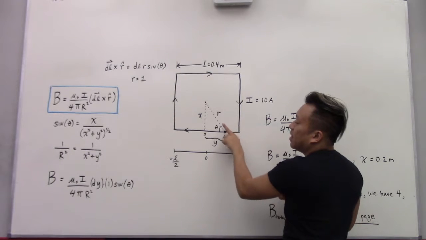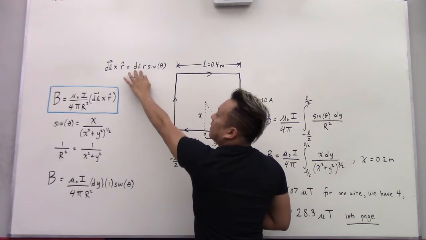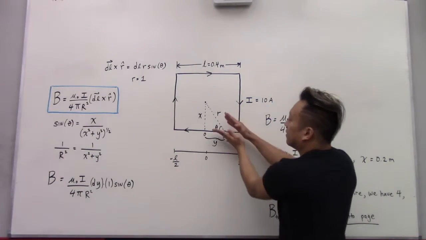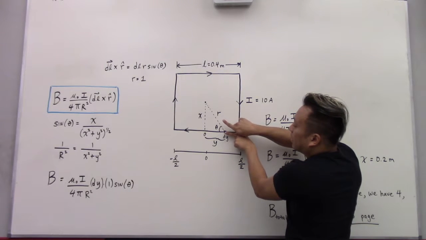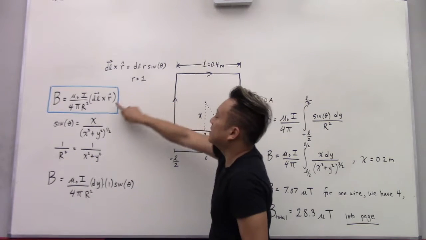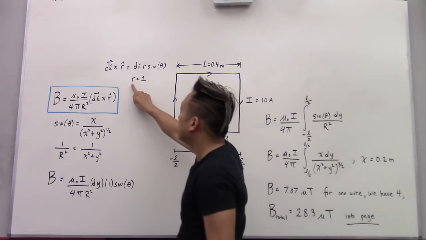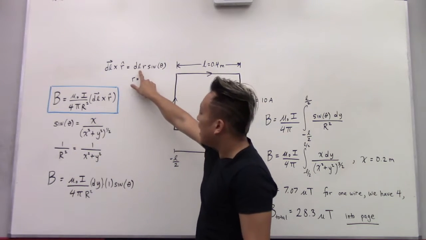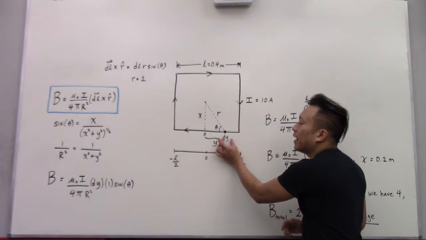When you cross that, it's the magnitude of dl, magnitude of r, times the sine of theta, the angle between dl and r. And since this is the unit vector r, it has a magnitude of 1, so you don't see that there anymore. And we said that dl is my dy, because I'm calling this y, so that's my dy.